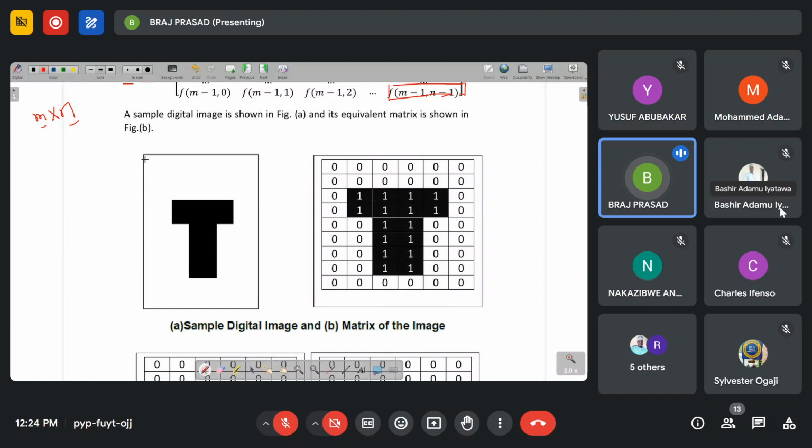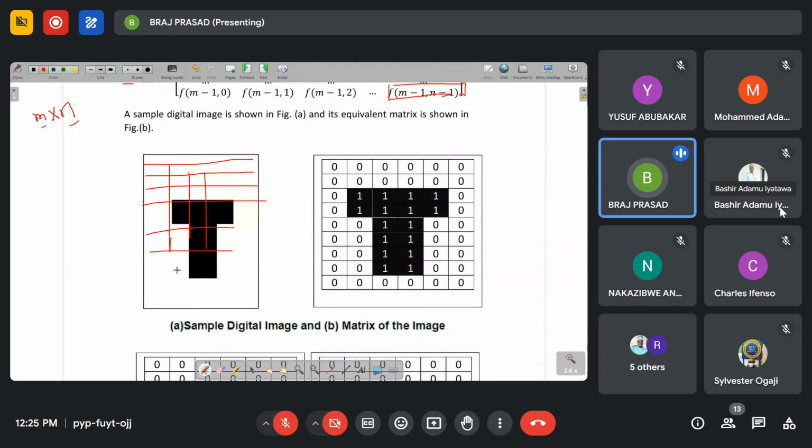So if we divide this object into rows and columns like this, it will look like this. This is our two-dimensional array, and the place where the object is present is denoted by 1, and the place where the cell is not part of the object is denoted by 0.